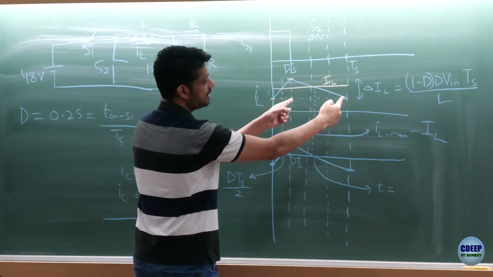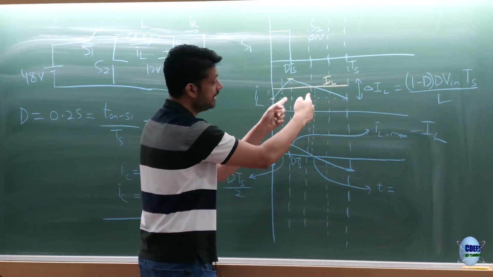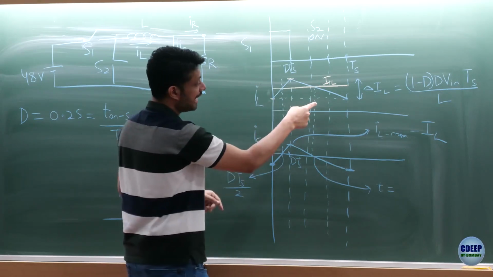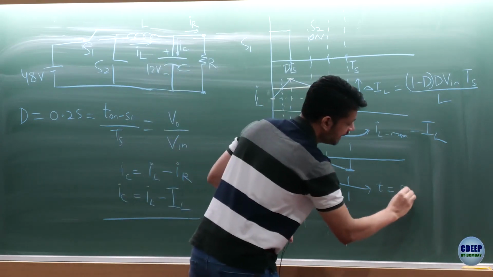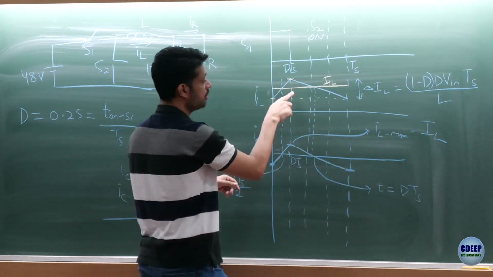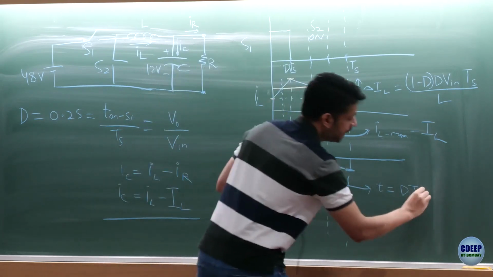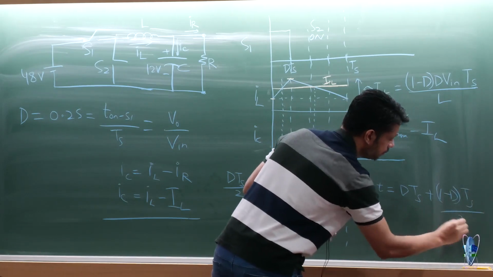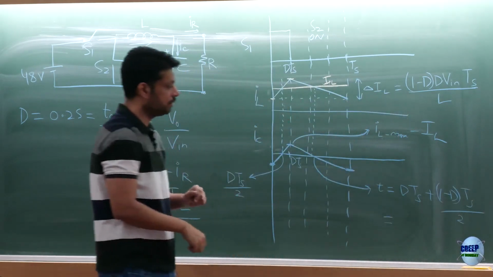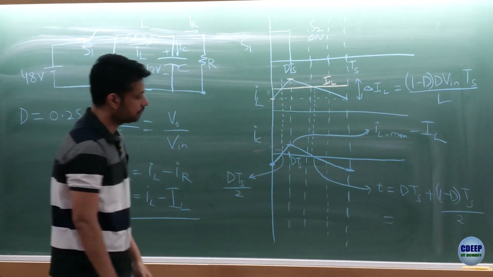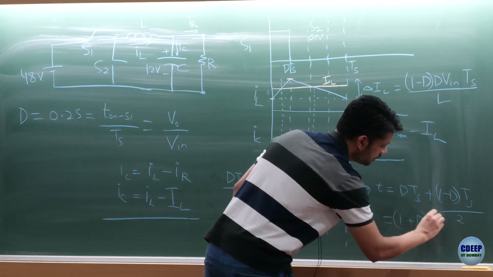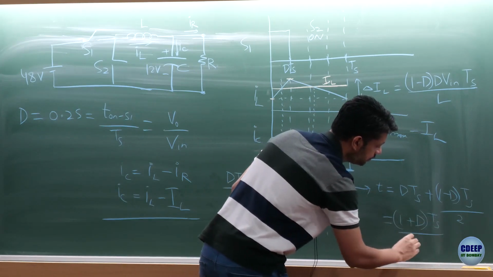So, if this total is 1 minus D times Ts, each of them is 1 minus D times Ts by 2. So, therefore time at this instant will be equal to D times Ts, which is up to this point, plus 1 minus D times Ts by 2. So, if you add this, what will you get? 1 plus D times Ts by 2, is that correct?